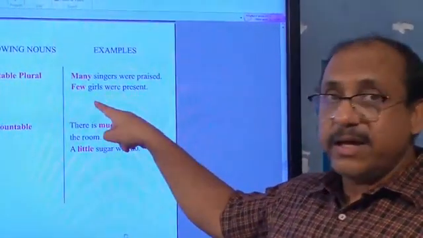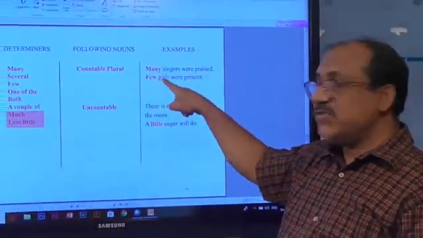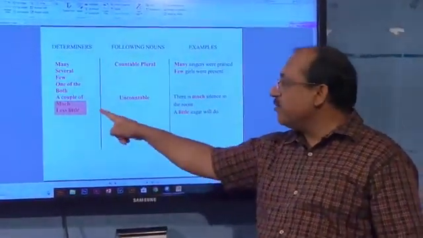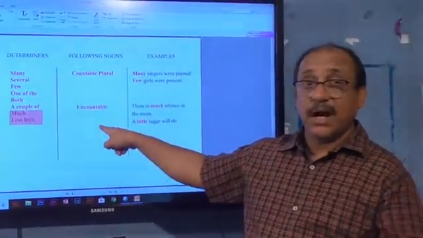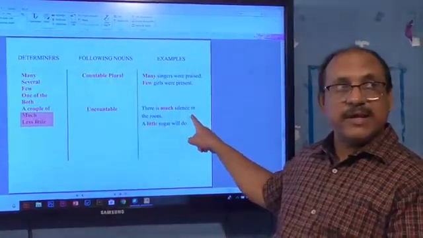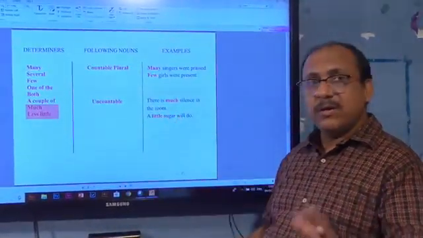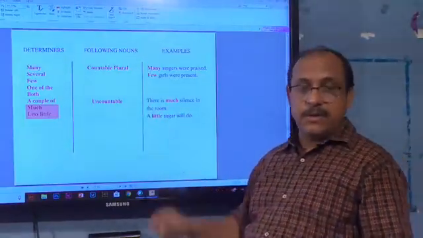Few girls, again countable, plural. Few girls were present. Few is used with countable nouns only. Then we have much and little, a little, used with uncountable nouns. Much silence, we cannot count silence. Little sugar, we cannot count sugar. So little sugar, used with uncountable nouns.